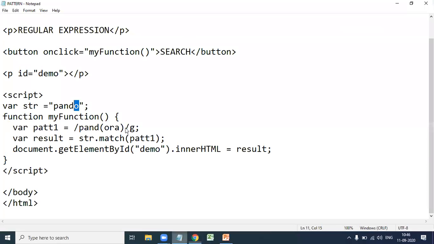Okay, next one, curly braces. Zero to 9, we take 10 times.